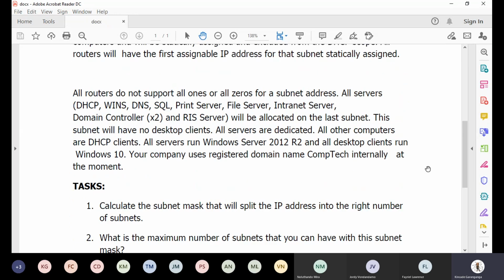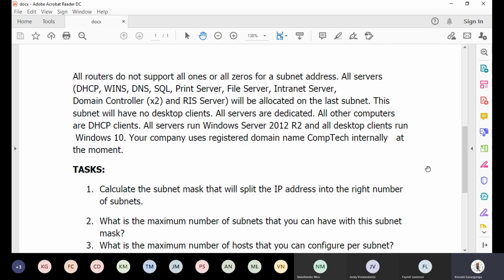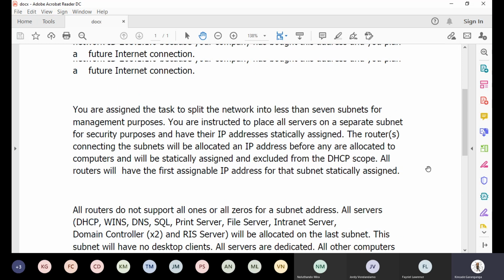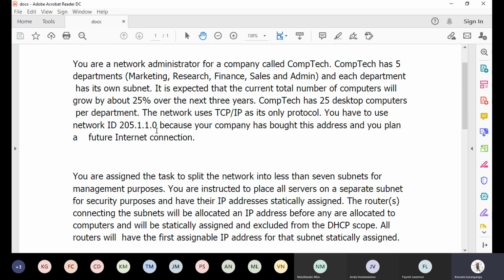And then lastly, you've got all routers do not support all zeros and all ones. So like we've mentioned before, if you look at the scenario that we've got here, 205.1.1.0, while it's an IP address within your Class C range, the zero there is the all zeros part we're talking about, because this doesn't actually relate to a specific machine.